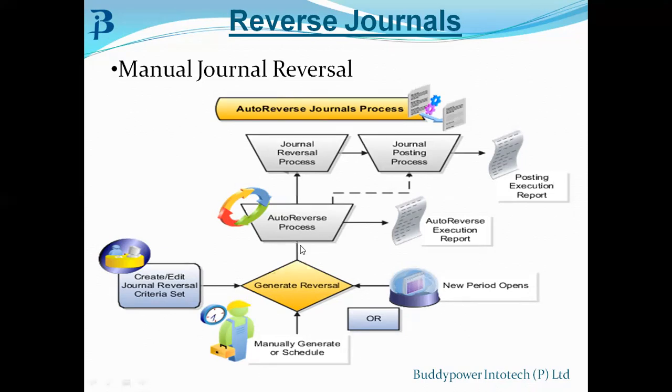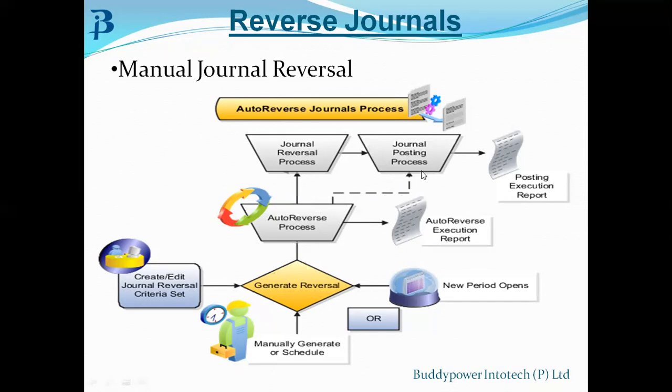Once it is auto reversed, the general ledger will create a report called the auto reverse execution report. When the auto reverse process completes successfully, the report prints the journal name and reversal period for each journal that is successfully reversed and whether the reversal journal is submitted for posting or not. So this is the report which gives all that information about your journal entries.